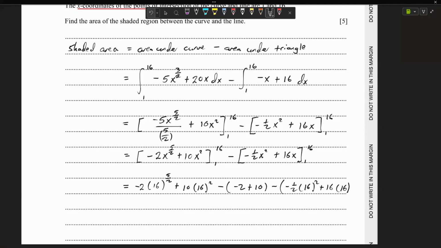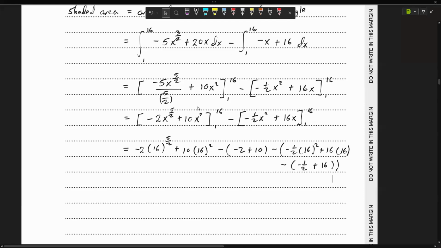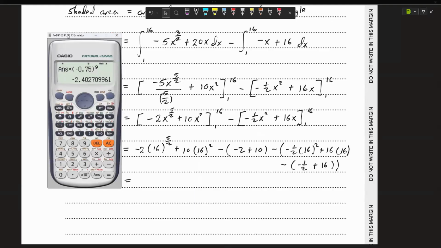And that's going to be minus, and that's going to be minus of minus a half plus 16. All right, and then we close bracket. All right, so we're just going to simplify this. It looks a little bit awkward, but I'm just going to use my calculator just for convenience.